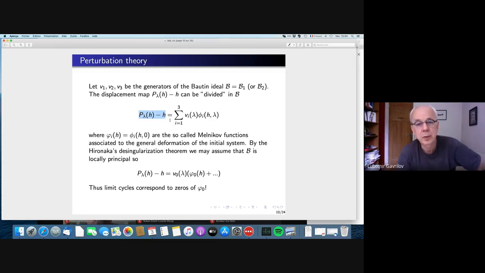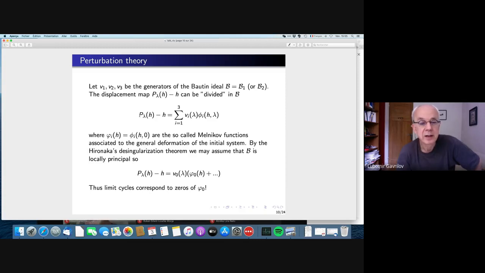But the usual approach is that you fix. So let us fix. You take some cross-section to the set of orbits. You take the return map with local variable h. So if you have a fixed point, that is to say a limit cycle, for this return map, you shall have this identity: P return map minus h is equal to 0.